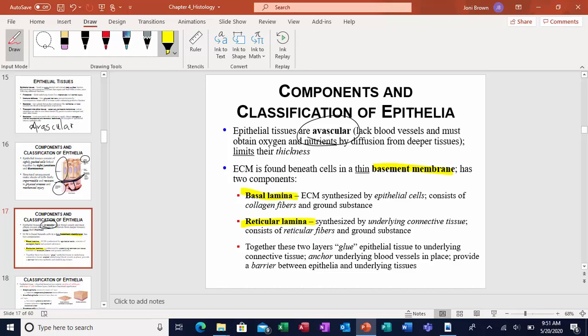So those two layers form the basement membrane, and they glue the epithelial tissue to that underlying connective tissue. And they anchor the blood vessels in place and keep a barrier between epithelial tissue and underlying tissue. So that basement membrane is a characteristic you see in epithelial tissue that you're not going to see in other tissues that we have.